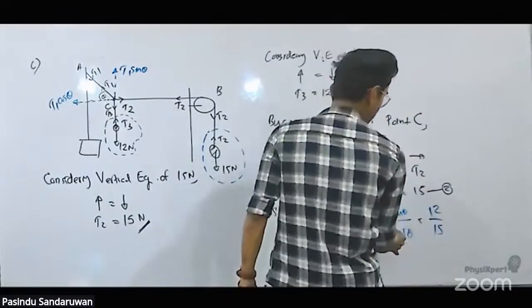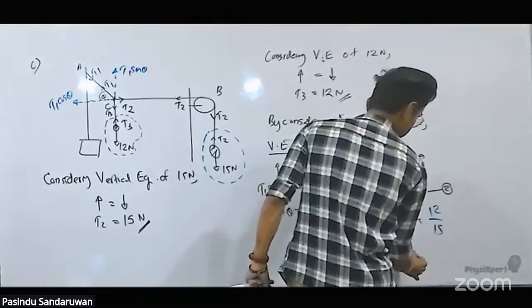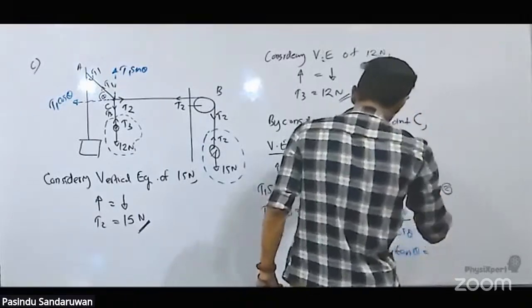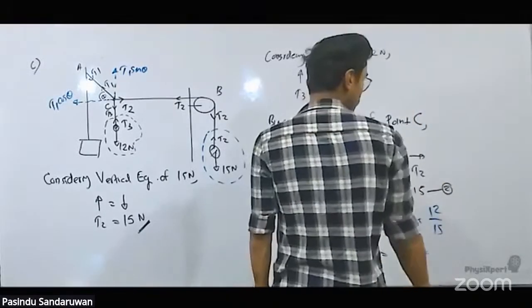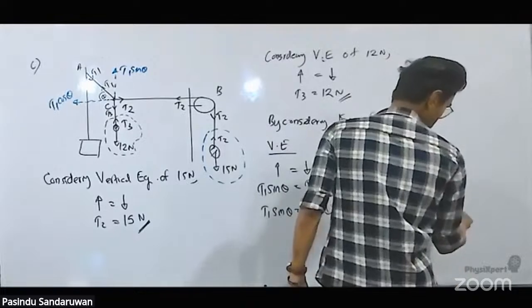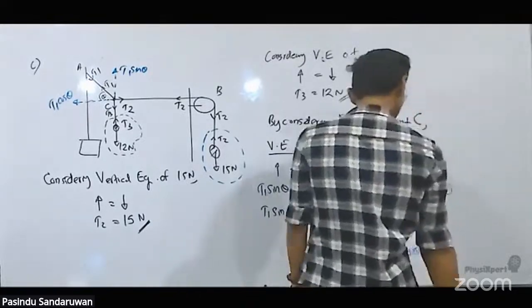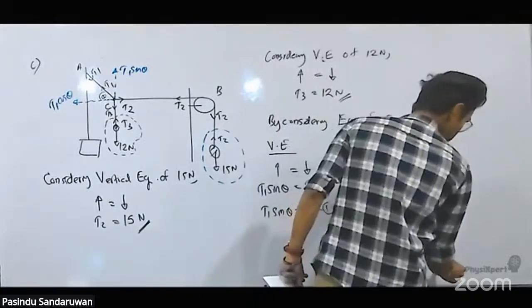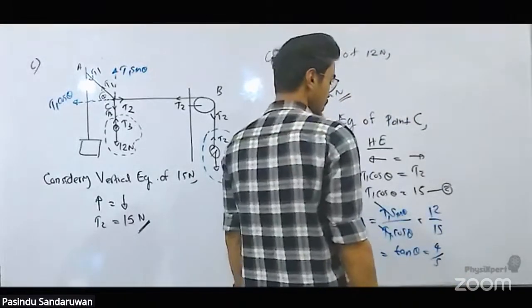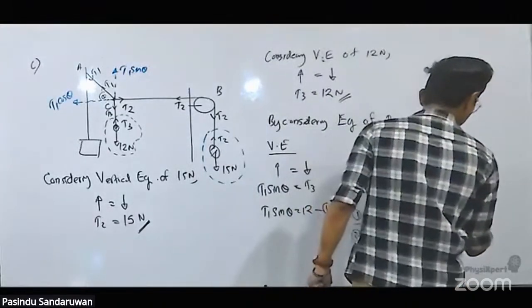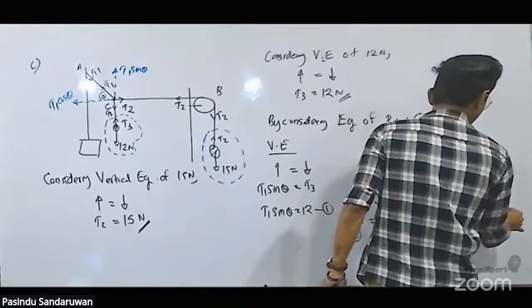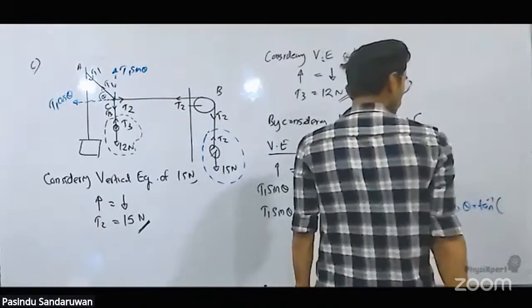T1 cancels, sine over cos is tan. Then tan theta equals 12 over 15, which is 3 times 4 over 5, so 4 over 5. Then theta equals tan inverse of 4 over 5, which is 0.8.